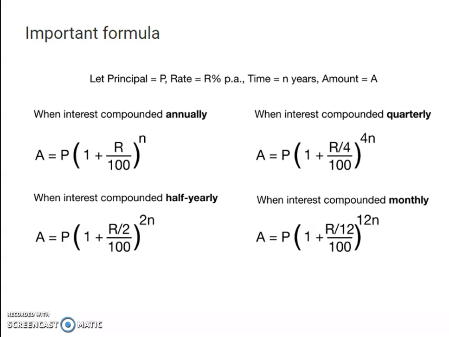So rate division, time multiplication. Now monthly, what happens if you compound it monthly? How many months are there in a year? 12 months. So you will divide rate by 12 and time by 12.